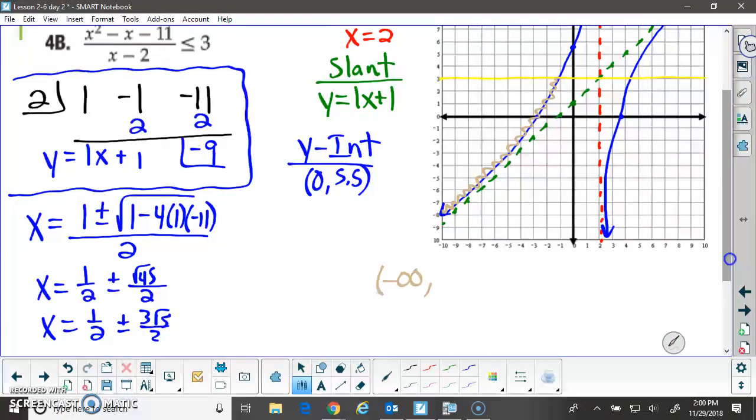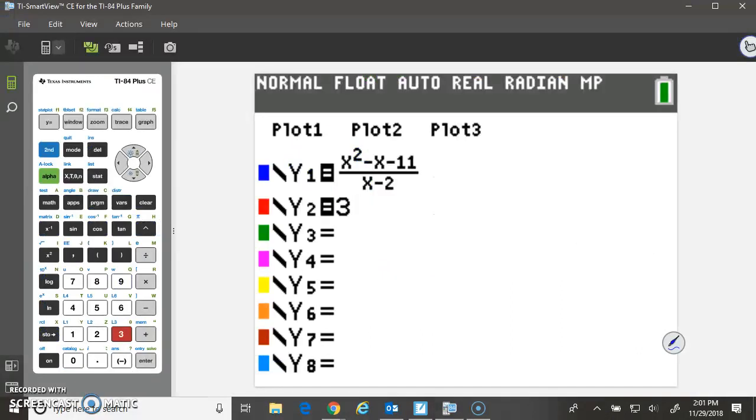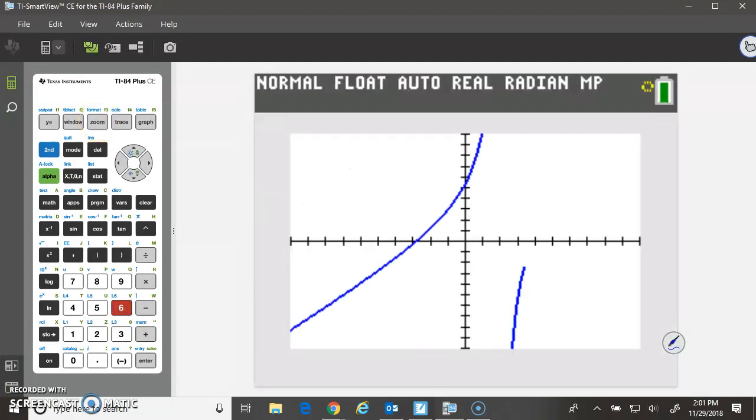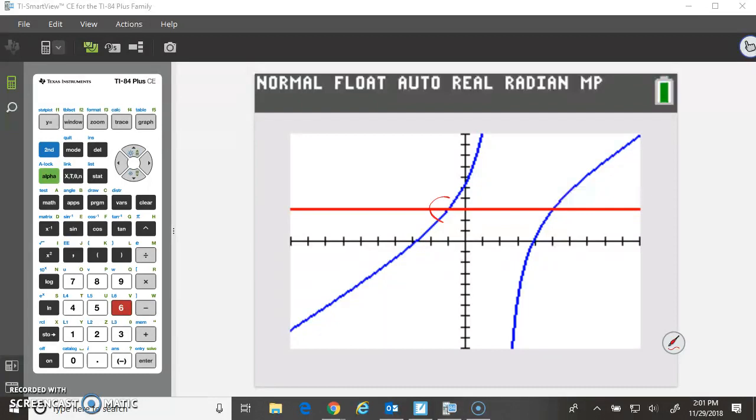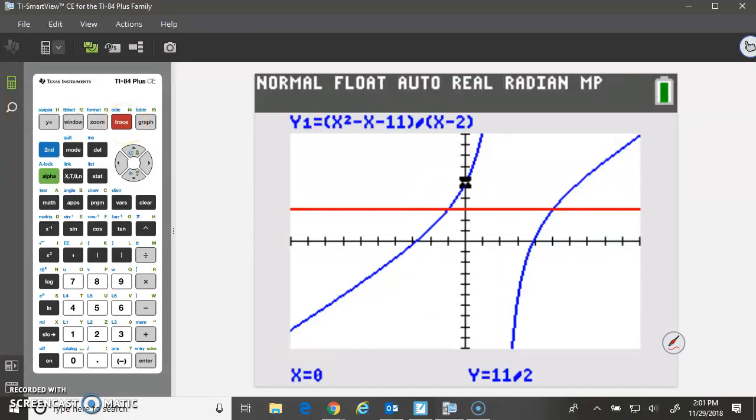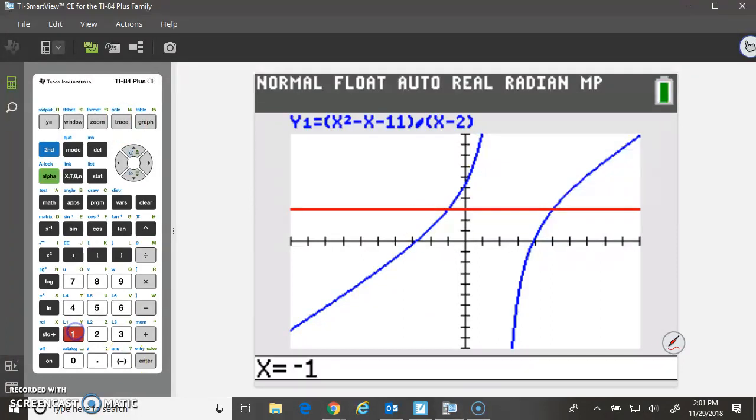So let's do that. Okay, you can see I've got the rational function entered on my calculator and a horizontal line at 3. So if we graph this, I've got to figure out the intersection point right here between that blue and that red. So if I use the trace feature, and if I try to locate that, it looks like it's at -1.